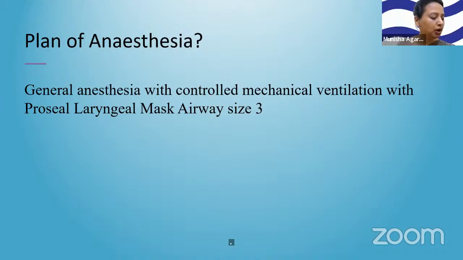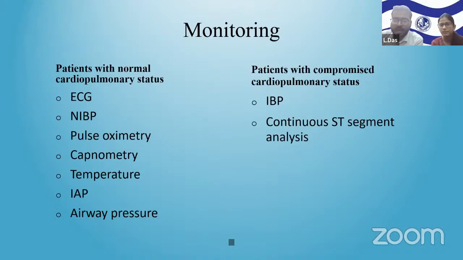So what is the monitoring that you will institute in your patient? Ma'am, I would ensure that there is ECG monitor, non-invasive blood pressure monitoring, pulse oximetry, capnometry, temperature monitoring, and airway pressure monitoring. And if there is a patient with compromised cardiopulmonary status, then I would go for invasive blood pressure monitoring and continuous ST segment analysis.